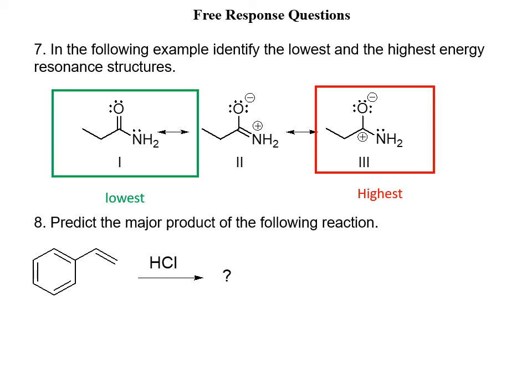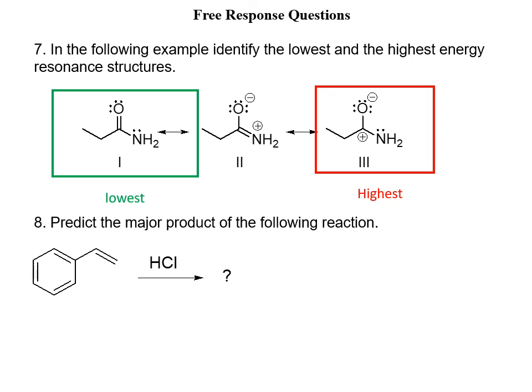Structure 3 has a carbon that is electron deficient, that has a sextet, it does not have an octet. So in this case, we are not looking for unnatural charges, where an electronegative atom has a positive charge and an electropositive atom a negative charge. That would be another possibility for the highest energy resonance structure. In this case, we are looking for an atom that is electron deficient, does not have an octet. That would be an indication of a very high energy resonance structure, and that's structure 3.